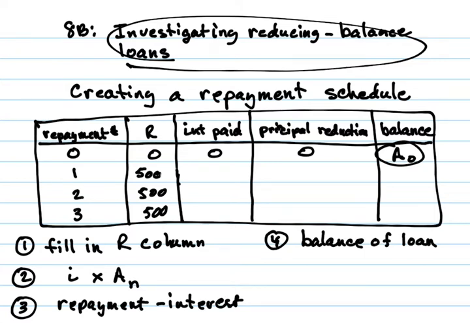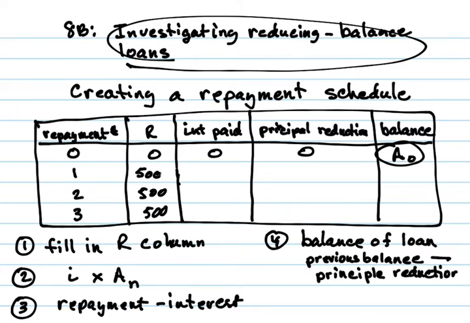Our principal reduction was less than the full payment. So we're just going to take the previous balance and subtract the principal reduction. Now notice that I'm keeping these all in order. So right, each column in order. So think about those in order.